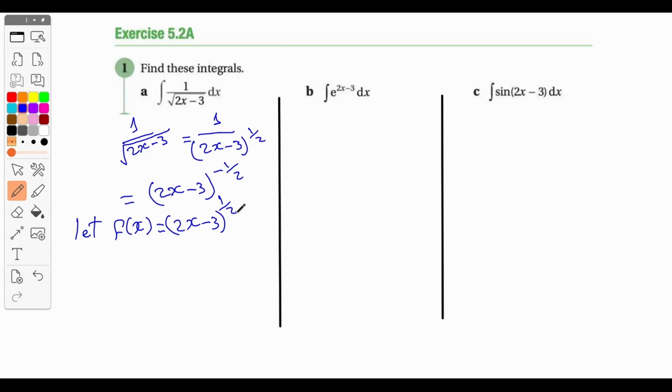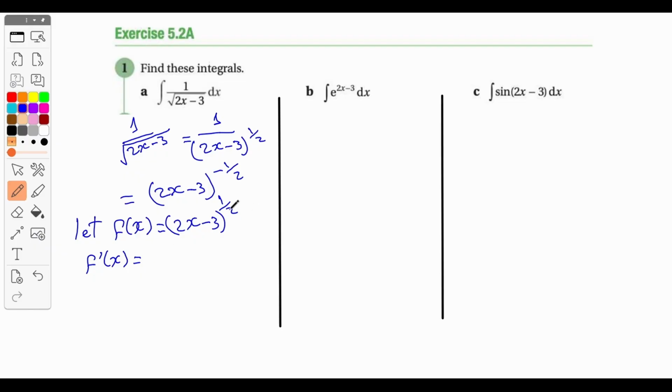This half comes from adding negative half to 1; negative half plus 1 is half. So we need now to differentiate this one. We say then f prime of x. Do you remember how to differentiate?